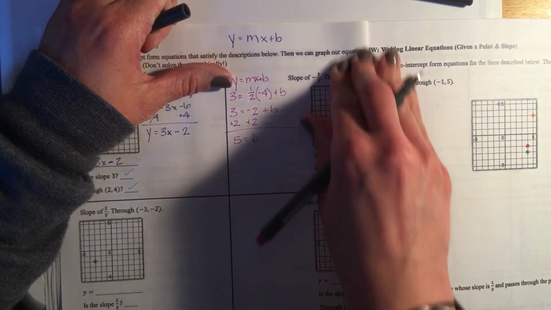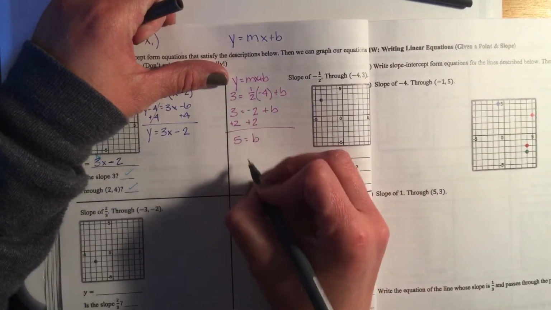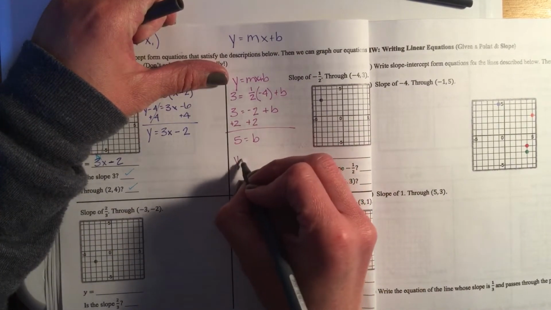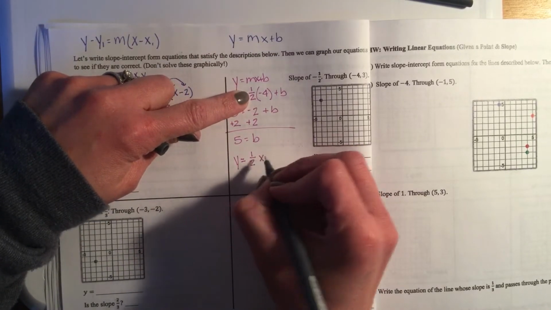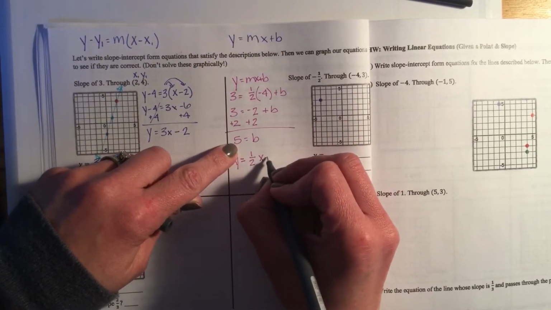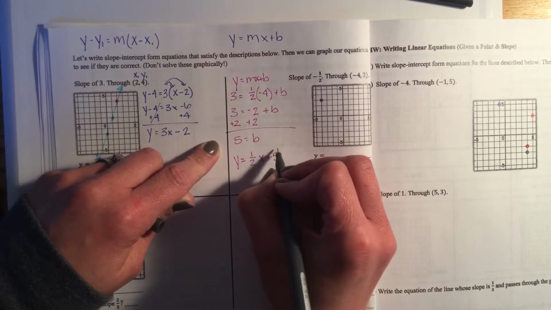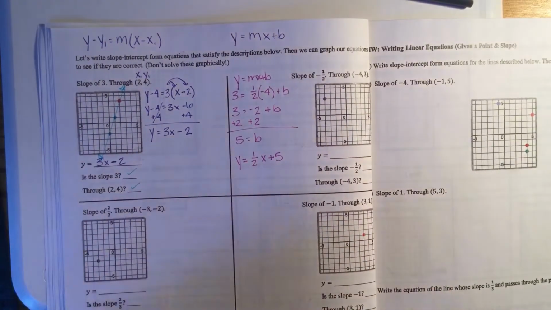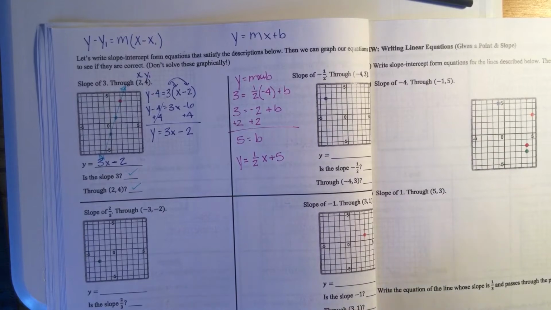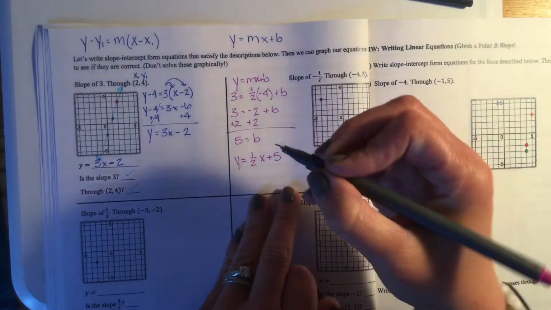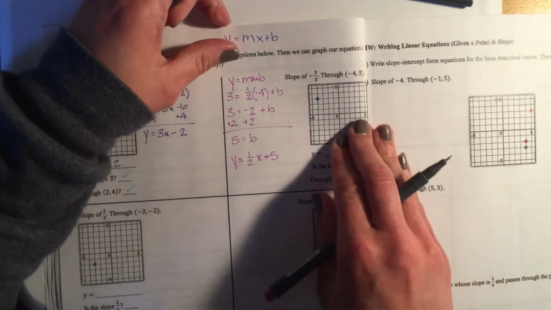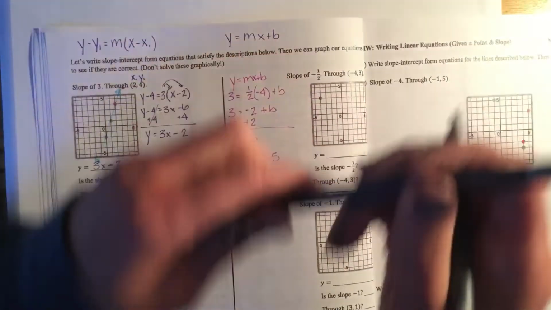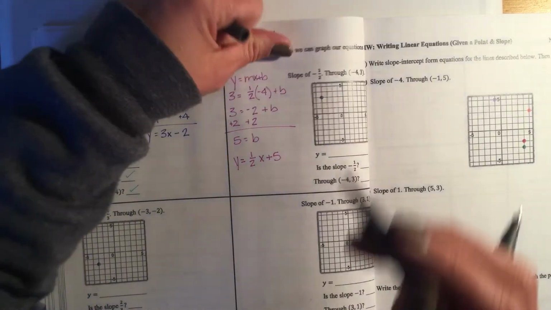Okay, so if I have 5 equals b, I'm going to take my equation, y equals, my slope is 1/2 x, my y intercept is b. So there's my equation. So let's check. Oh, negative 1/2, sorry. Ooh, I goofed. Okay, back up. You guys are probably watching it and you see me make my mistake.